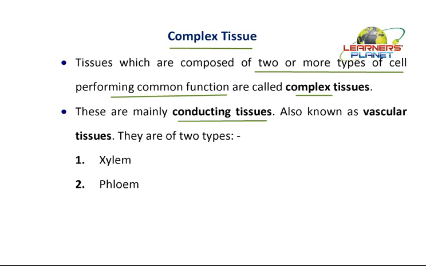The other, we are saying, is where the material is to be transported from a synthesis site to the storage site or to the utilization site. What type of tissue could it be, or from where can they obtain such material? For example, glucose, or the storage form of glucose, that is starch.